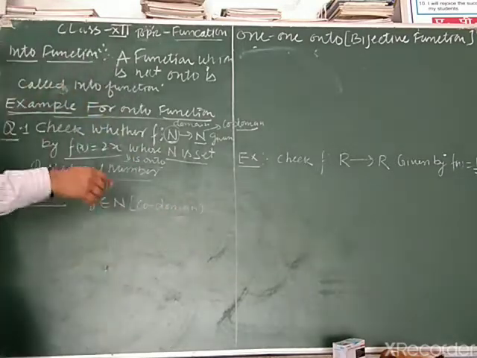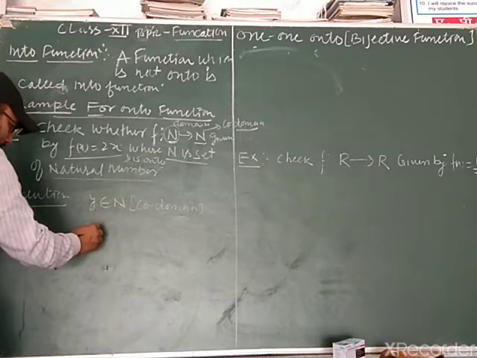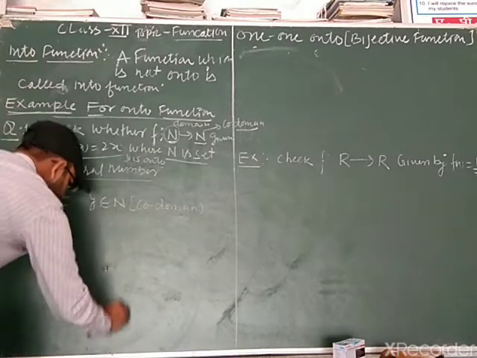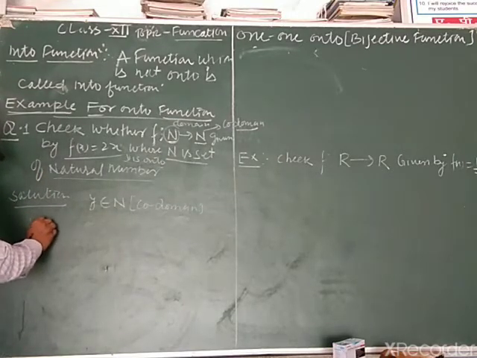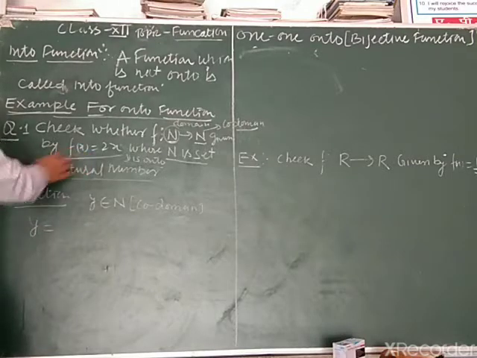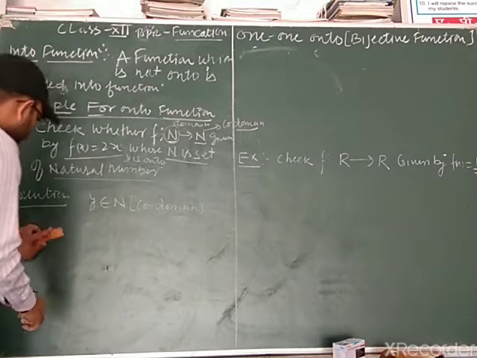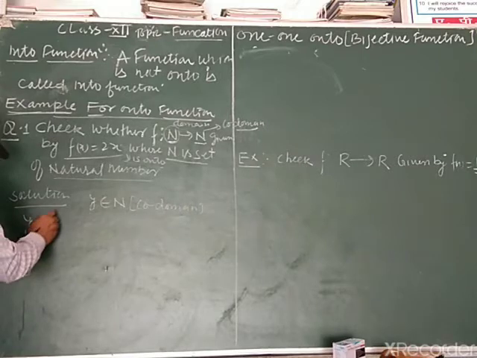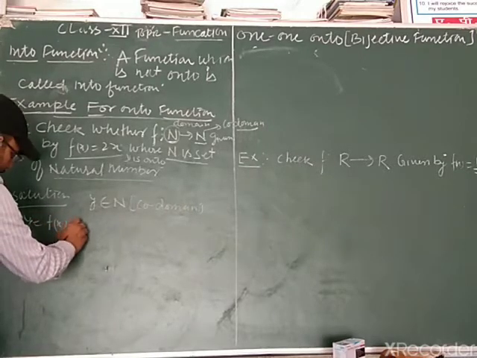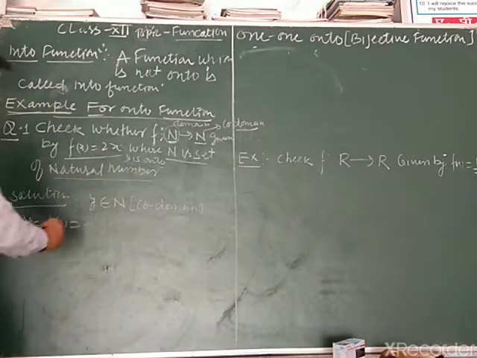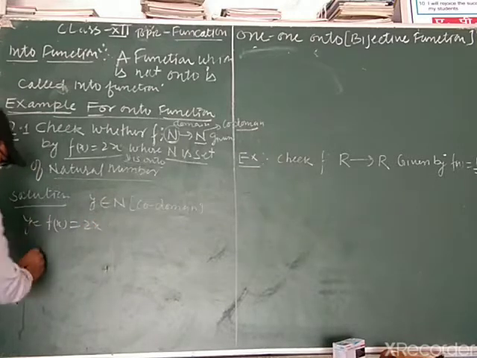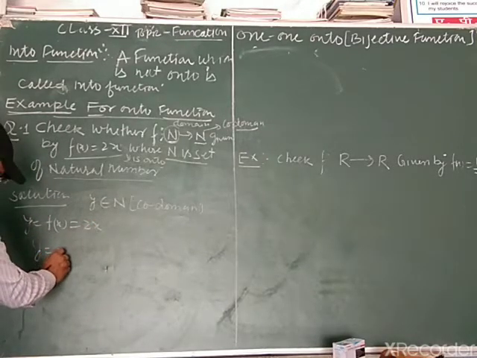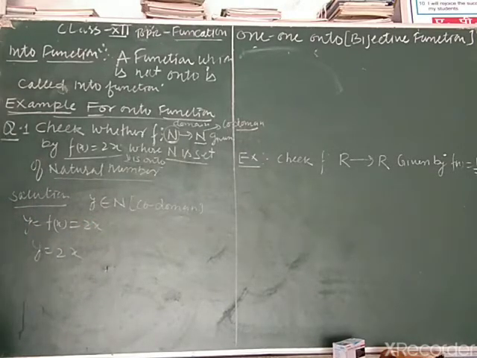Clear? Our second step to prove this is that we have to put y equal to the given function. We know that y = f(x). And what is f(x) in this case? 2x. Clear? So y = 2x.